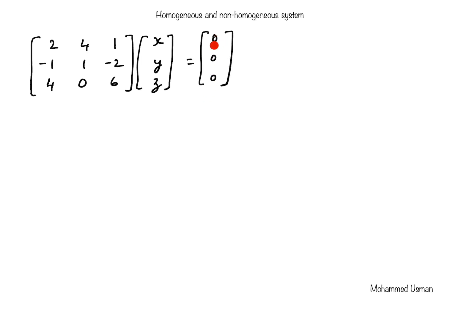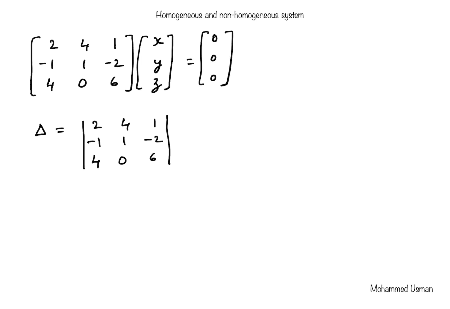Therefore, this is a homogeneous system, and we'll try to solve it using Cramer's rule. To solve it, we will first compute delta as the determinant of this A matrix. So the determinant of A, which is 2, 4, 1, minus 1, 1, minus 2, 4, 0, 6.